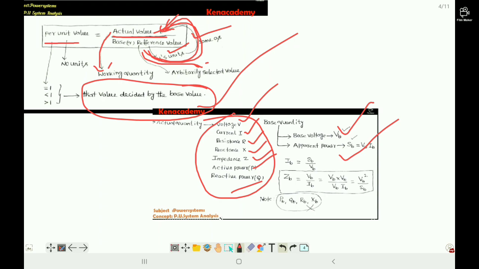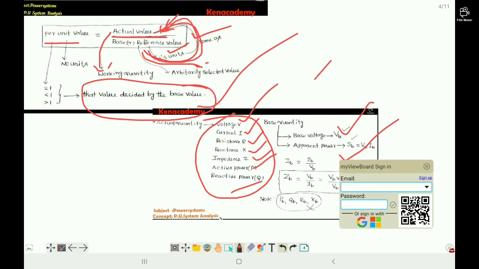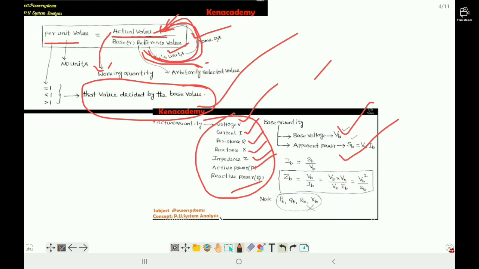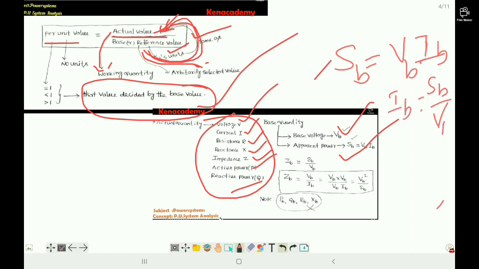We know that apparent power is equal to voltage into current. Then base power is base voltage into base current. Then what is the base current? Apparent power base by voltage base.